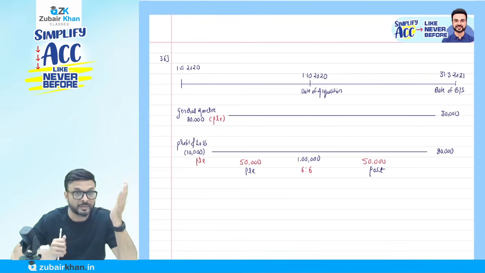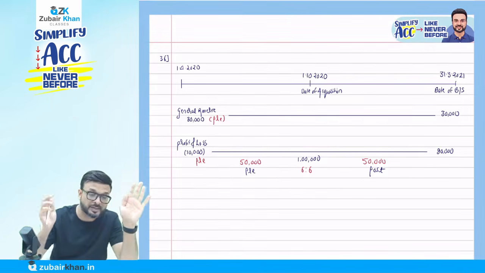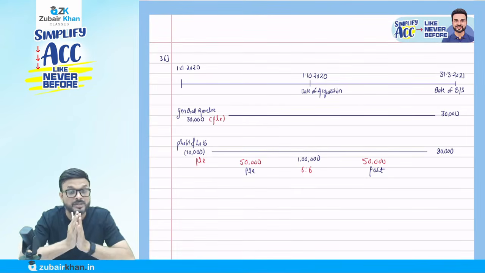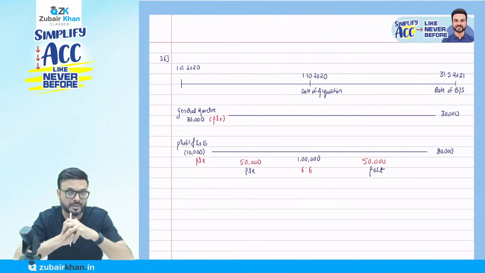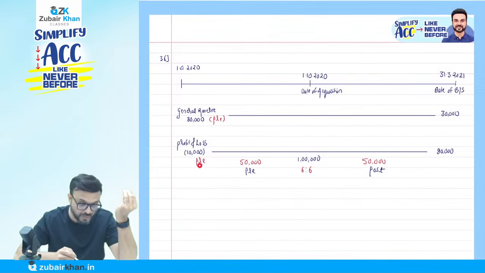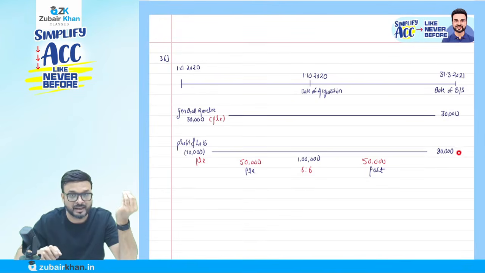So it is not from 10 to 90. It is from a loss of 10 to a profit. The closing balance is 90, which is profit. It means we made a profit of 1 lakh during the year. You understand? We have a negative figure at the starting and a positive figure of 90 at the end, so there should be a profit of 1 lakh only.